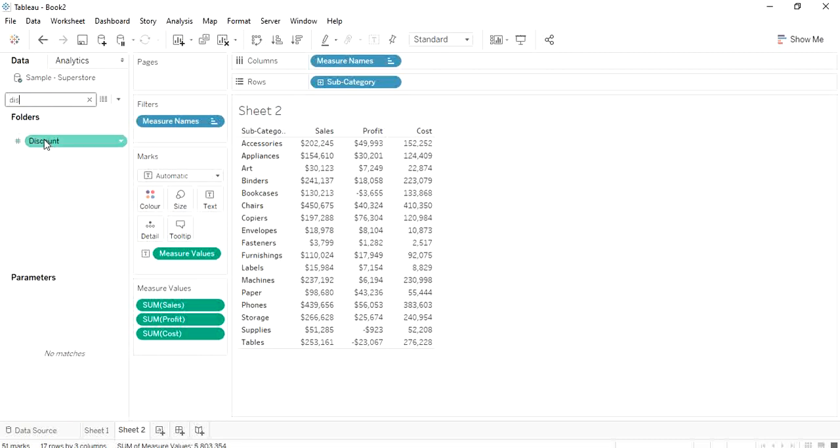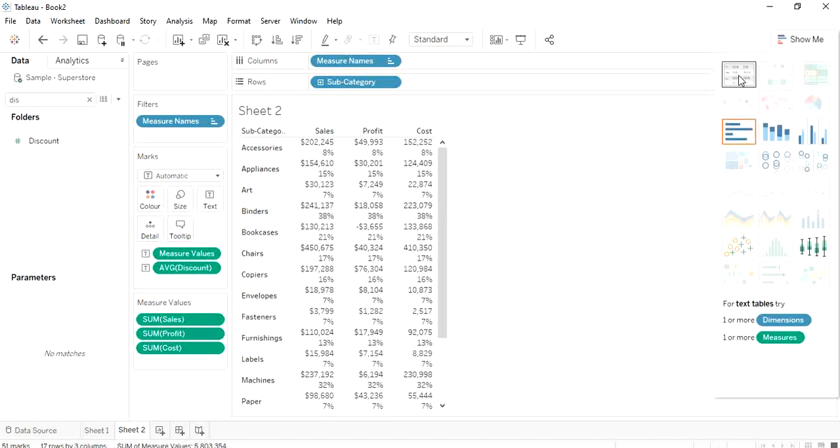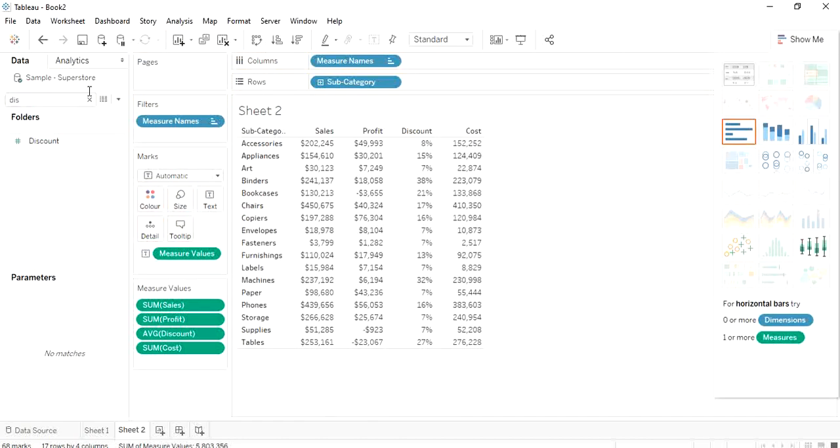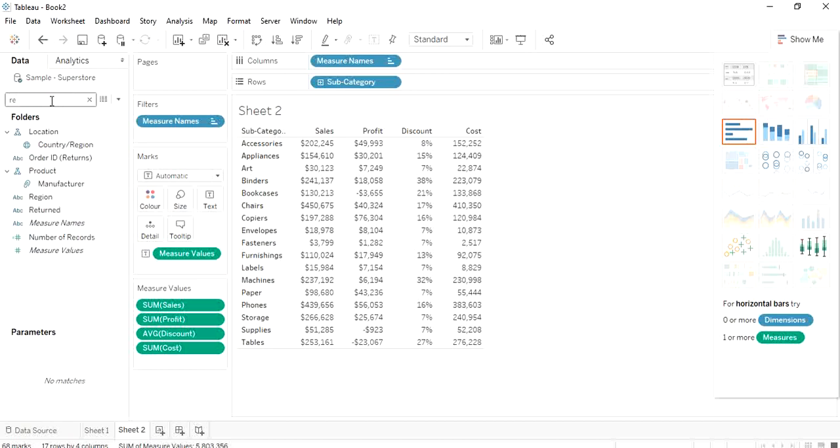Let me also look at the discount. We are going to postmortem the whole thing, so let me also bring the discount if we are giving any discount. Also, let me bring returned. We have that return, right? Remember we have the return.